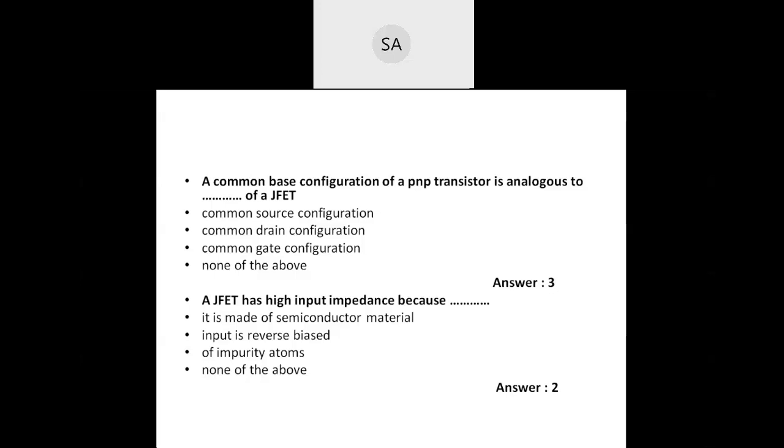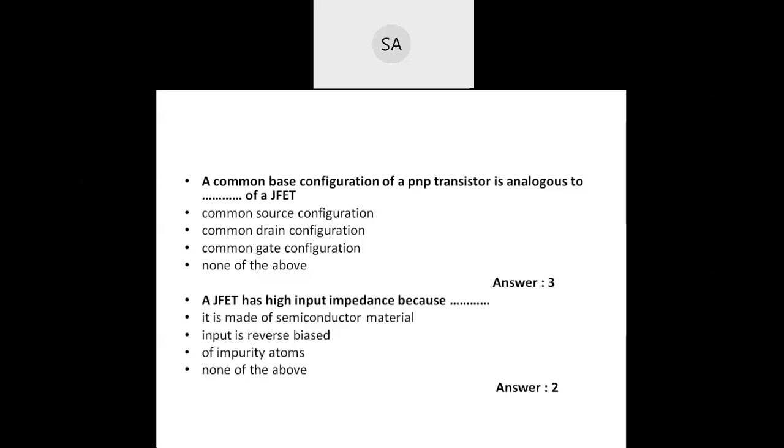A JFET has a high input impedance because it is made of semiconductor material, its input is reverse biased, because of impurity atoms, or none of the above. We have already discussed the comparison: BJT has low input impedance and FET has high input impedance. Why? Because in the BJT the input junction is always forward biased, so the current flows and the input impedance is low.